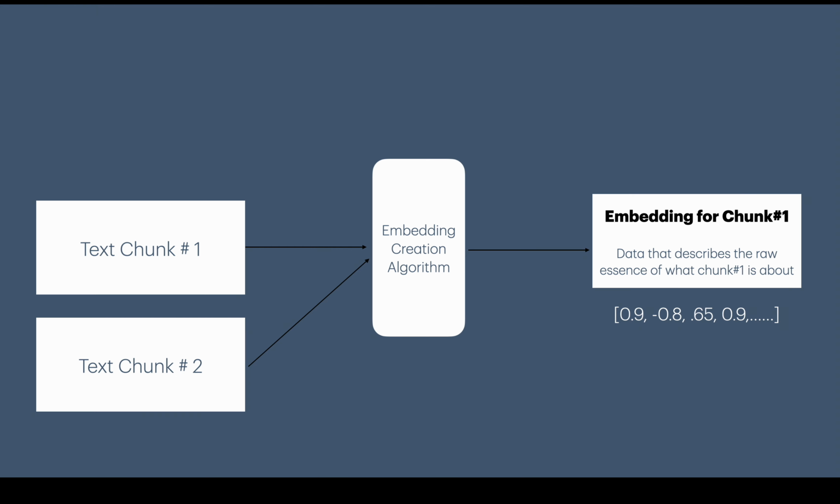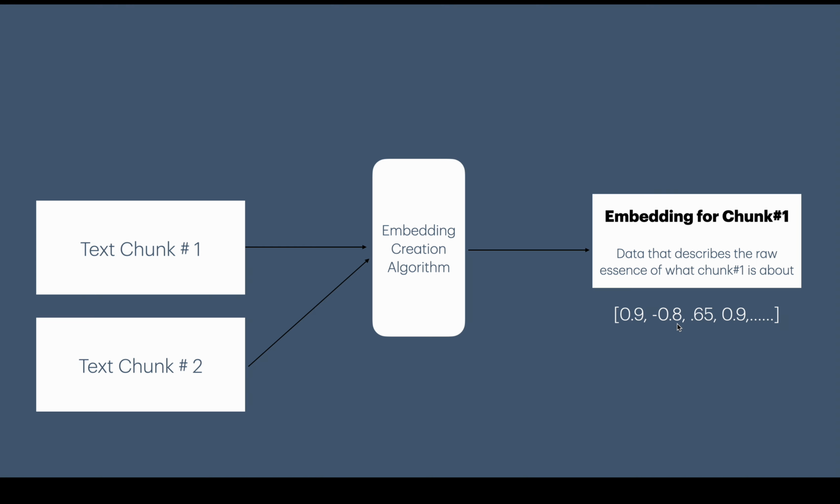So let me very quickly tell you what an embedding is, because this is going to be a super key topic throughout the course. It's something we'll come back to very, very often. To explain, an embedding takes a string and turns it into an array of numbers. So as you can see, if we pass some text chunk to the embedding creation algorithm, we'll get a huge array of numbers.